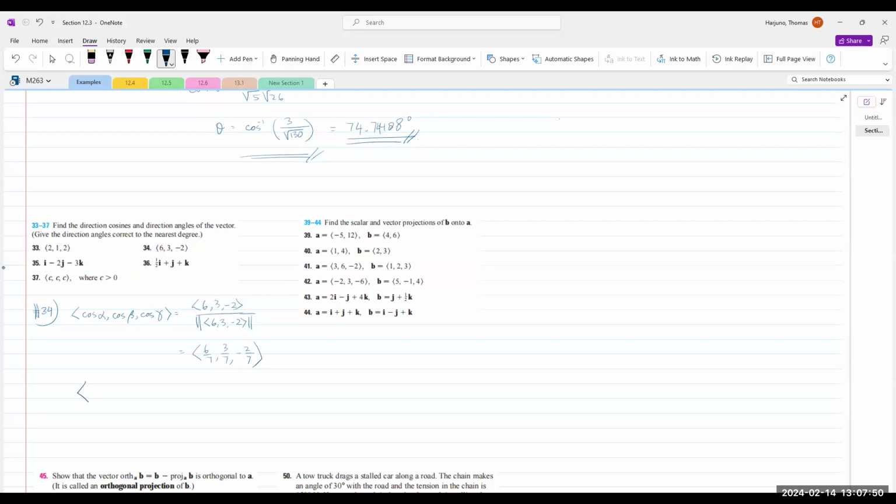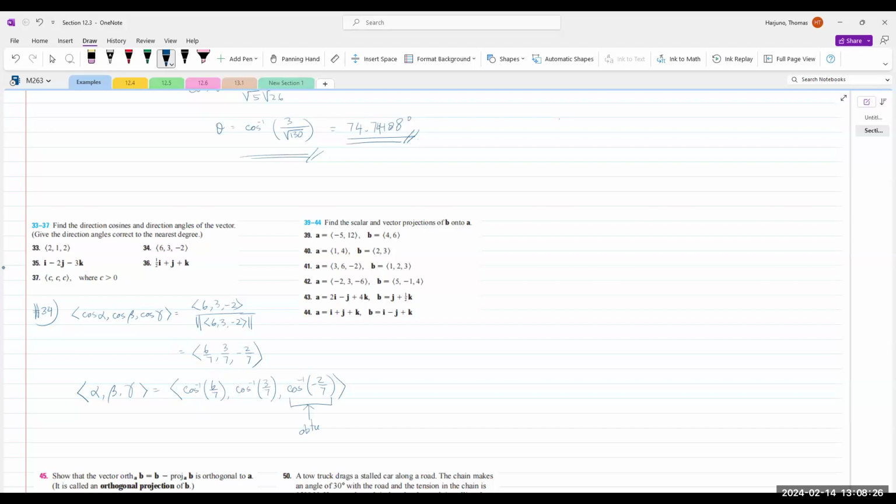Therefore, the angles alpha, beta, gamma, I will just rewrite it in vector notation instead of one by one. This is cosine inverse of 6 over 7 for alpha, cosine inverse of 3 over 7 for beta, and cosine inverse of negative 2 over 7 for gamma. By the way, you see cosine inverse of a negative means it is obtuse.